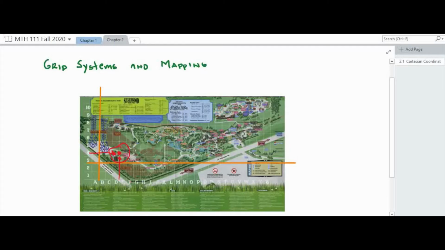If you wanted to have a picnic on the side of the water here by the roller coaster, you might say, okay, we're gonna bring all our food to M6 and let's meet up there. We'll decide if it's a good place for a picnic or not. Maybe there's some picnic tables there, maybe not.